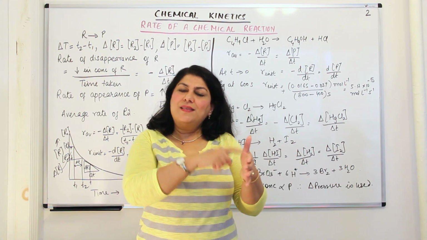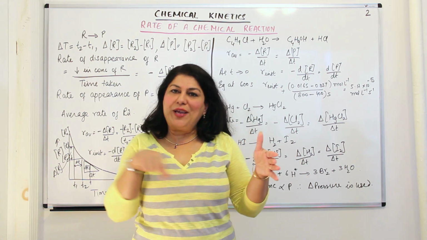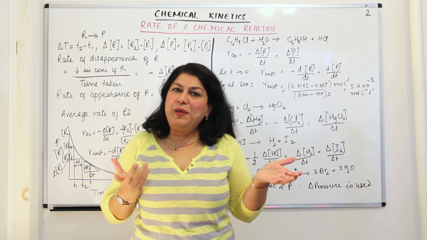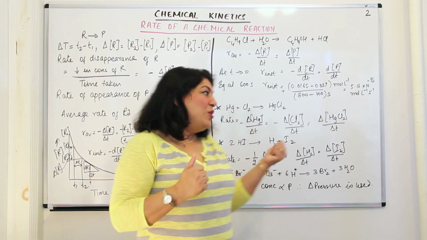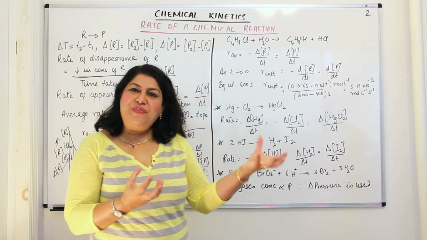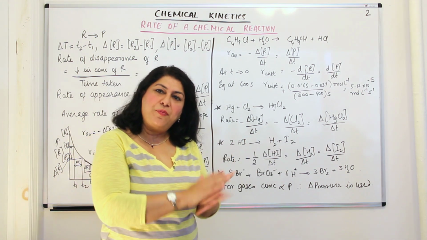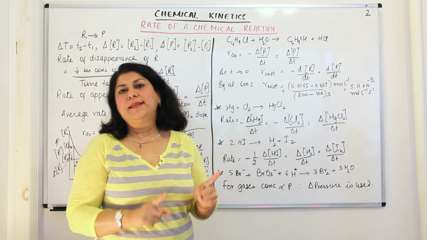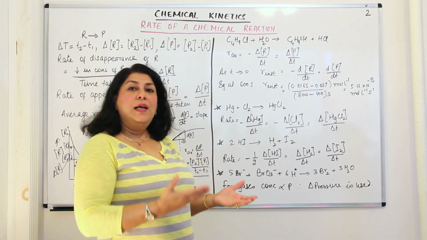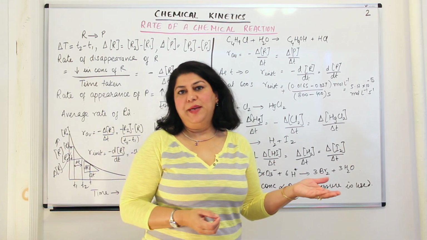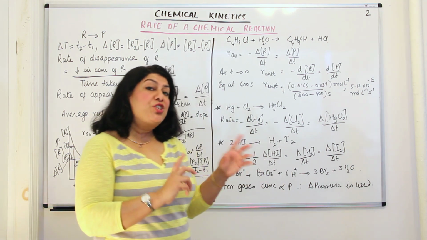So does he think that his speed at which he reached would be different? No. So when you calculate the rate of reaction using different reactants and products, you must get the same rate, because after all, the reaction is taking place at the same rate. So what correction should you do?